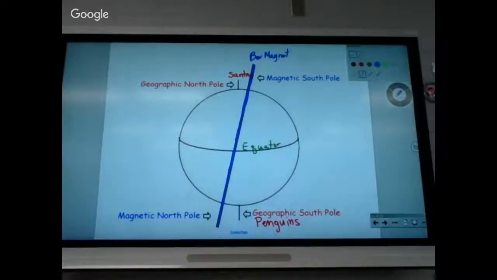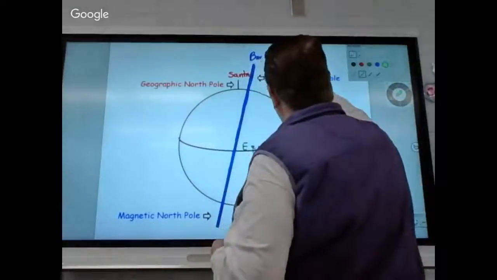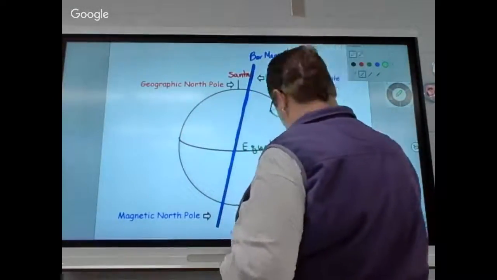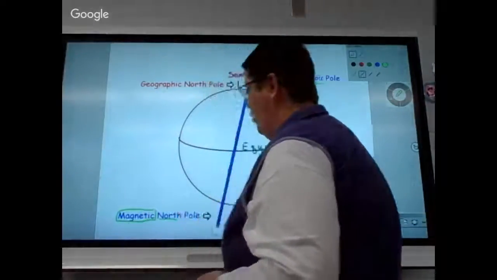Now, do those poles match the geographic poles? No. So, they're opposites. Notice I gave those different names. I called this the magnetic South Pole and the magnetic North Pole.